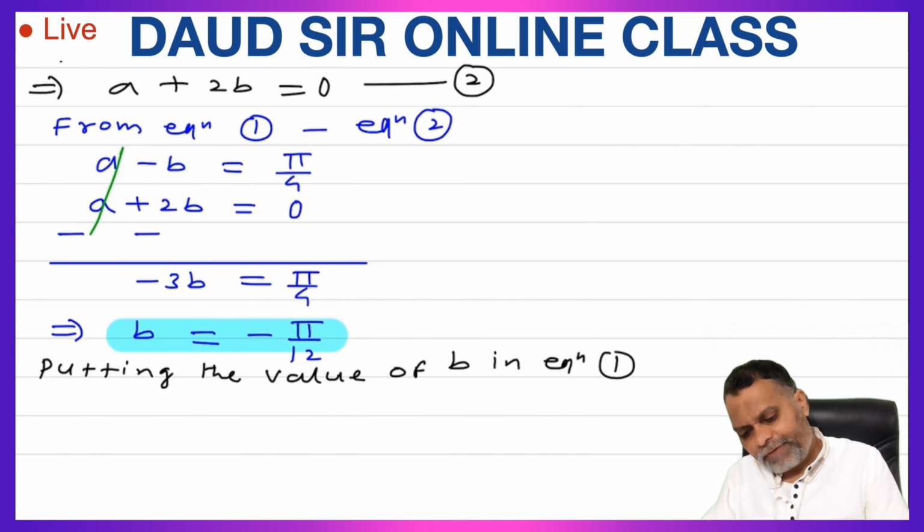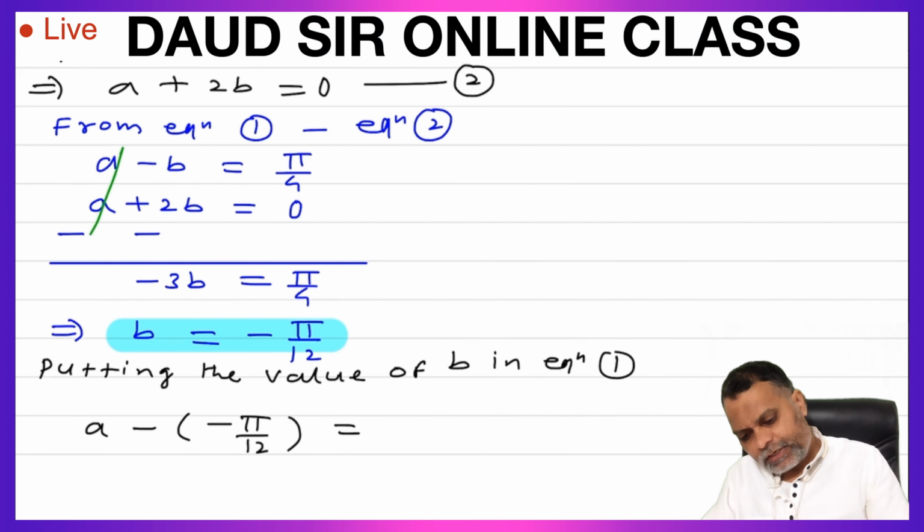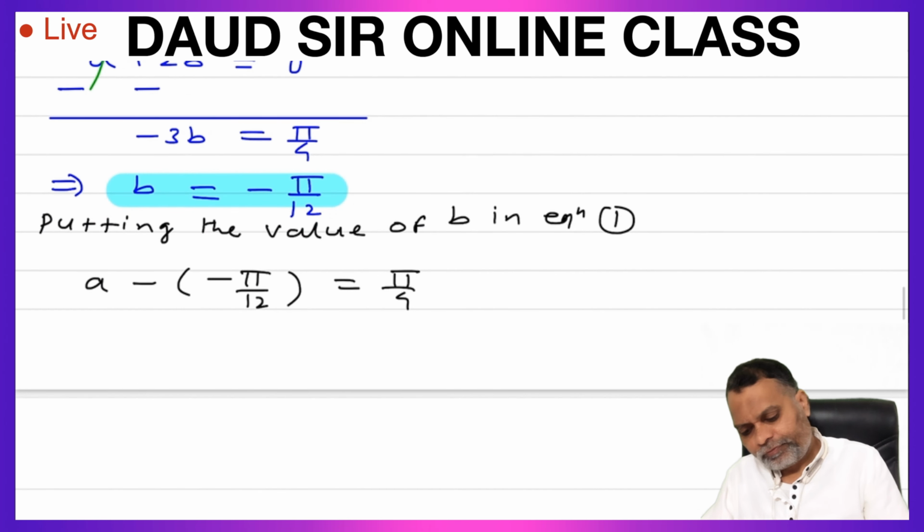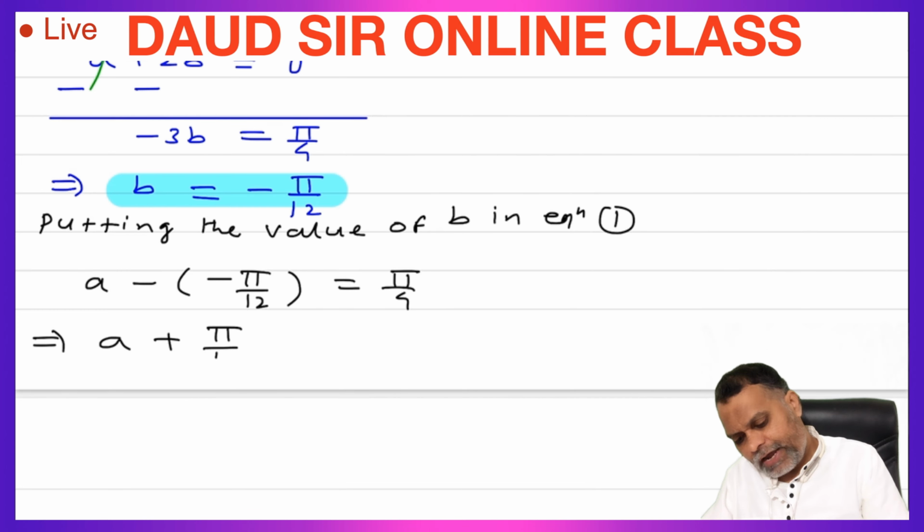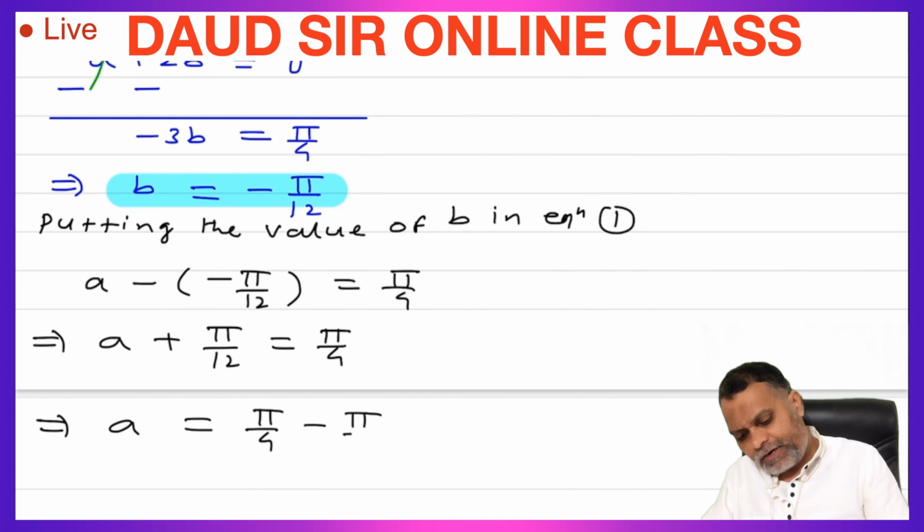First equation is a minus b, so a minus b, minus pi by 12, is equal to pi by 4. Simplify this: a minus minus, plus pi by 12 is equal to pi by 4, which implies a is equal to pi by 4 minus pi by 12.